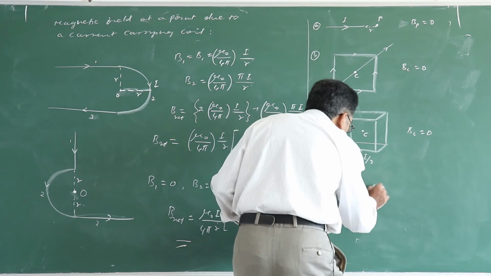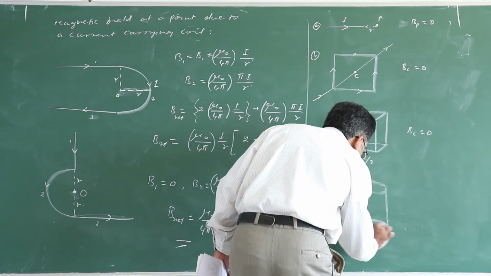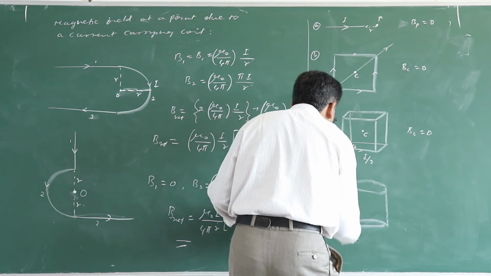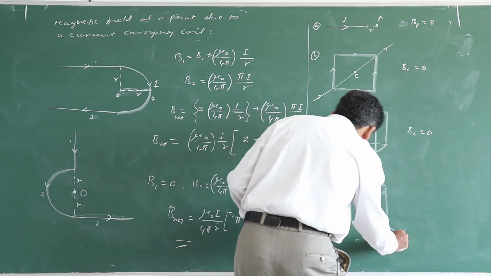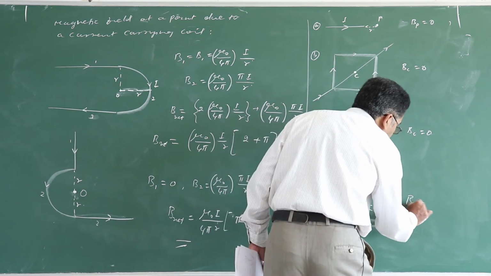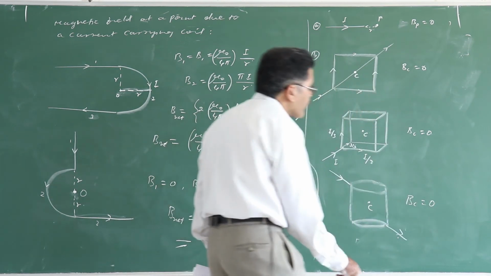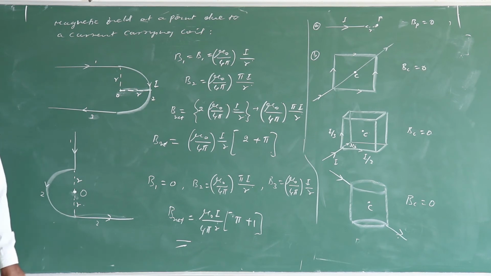If you take a cylindrical structure, wherein current enters here and current leaves this place, C is the center, then magnetic field at the center is 0. See, these are all certain cases wherein the net magnetic field is equal to 0.